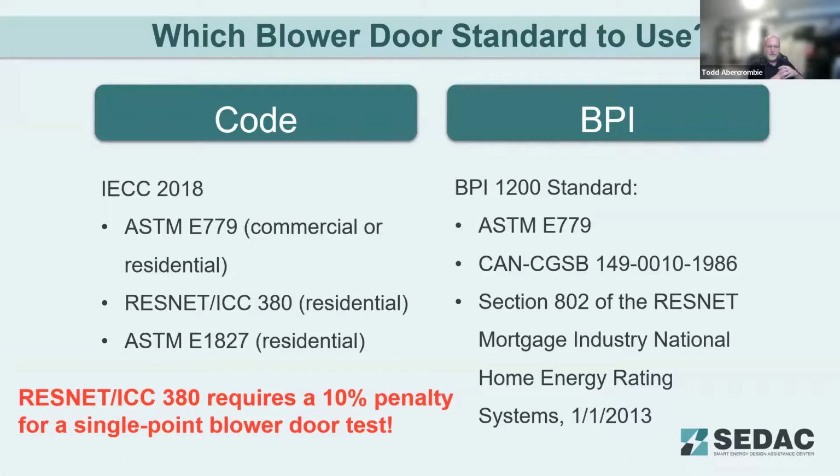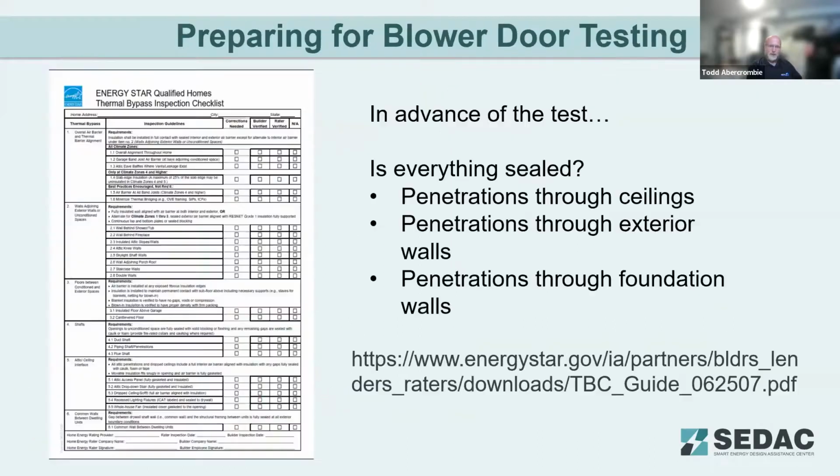Not all of those standards are referenced in the code, so you have to be careful of what context you're doing the blower door test for. But for example, the BPI standard does reference ASTM E779. They reference a Canadian standard, and they reference Section 802 of the RESNET standard, which is a little older version than the RESNET standard referenced by code. So just be aware of what standard you're using there.